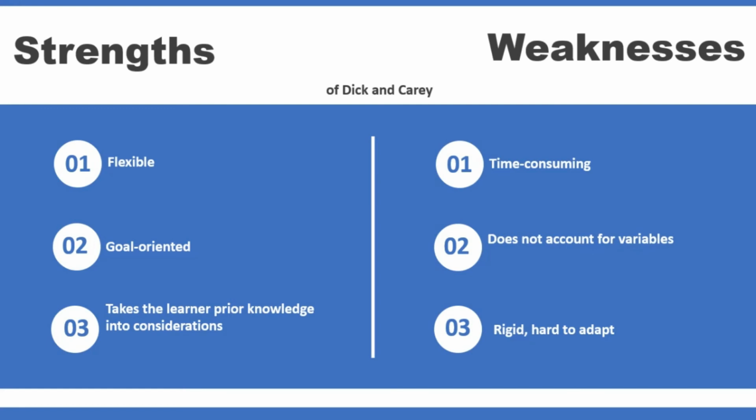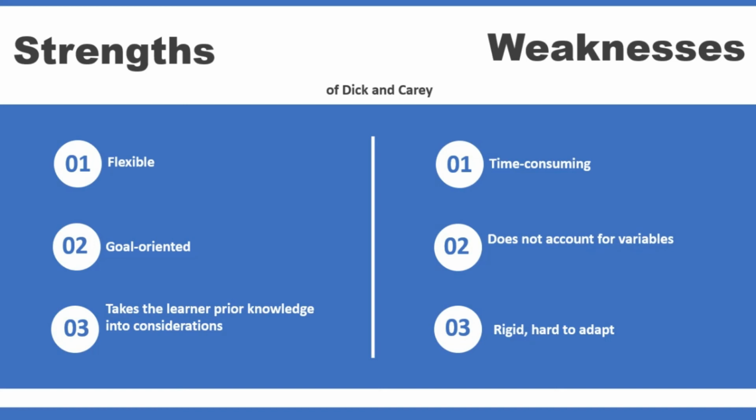A weakness of this model is that it could be time-consuming. A lot of thought and work must go into this design process. So this model would not be beneficial if a teacher or a business does not have much time for instructional design. Another weakness of this model is that it does not account for variables.